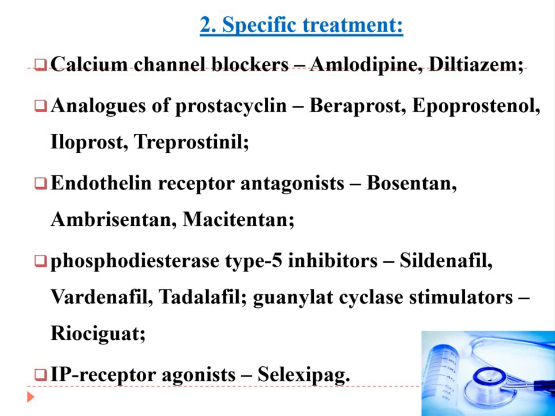There are 5 main groups: calcium channel blockers, amlodipine and diltiazem; analogues of prostacyclin, beraprost, epoprostenol, iloprost, treprostinil; endothelin receptor antagonists like bosentan, ambrisentan, macitentan; phosphodiesterase type 5 inhibitors, sildenafil, vardenafil, tadalafil, and guanylate cyclase stimulators, riociguat.